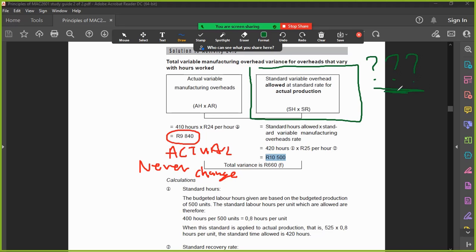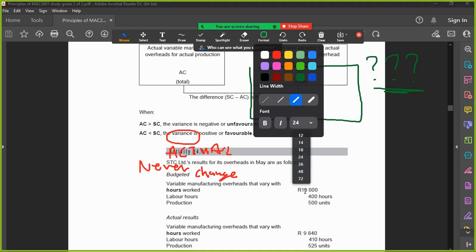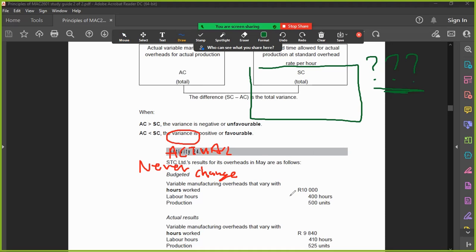Remember, the current situation here is an estimate. Remember, this estimate is accurate based on what you had predicted before you had actually produced goods. Does that make sense? Yes.